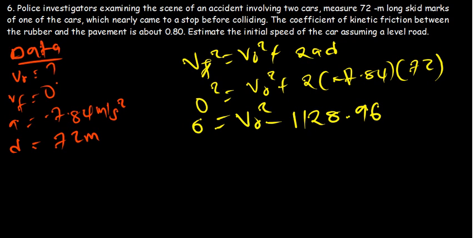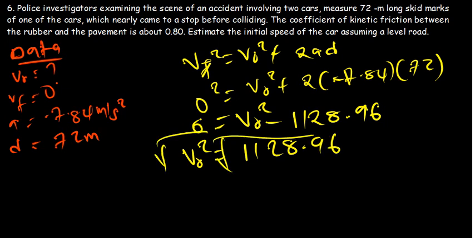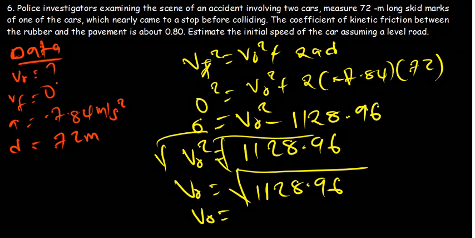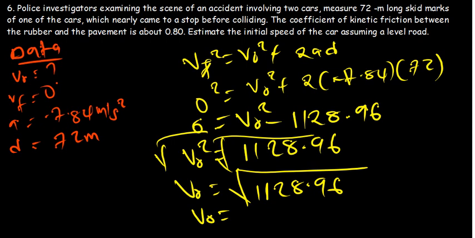So I'll shift this to the other side. Let's take the square root of both sides. My initial velocity is going to be the root of this number, 1128.96. Yeah, 33.6 meters per second. So that is our initial velocity.